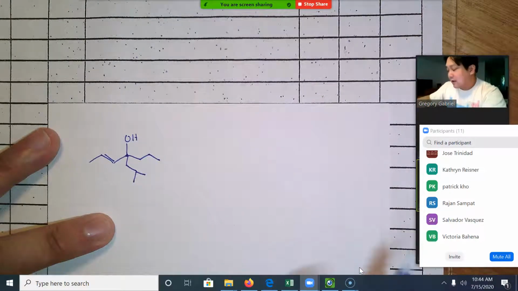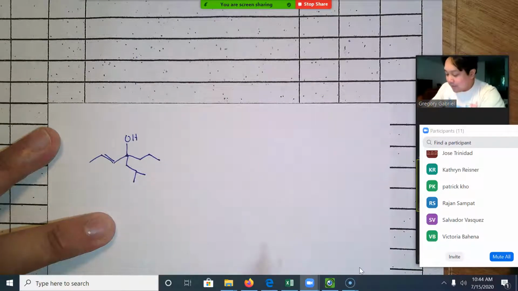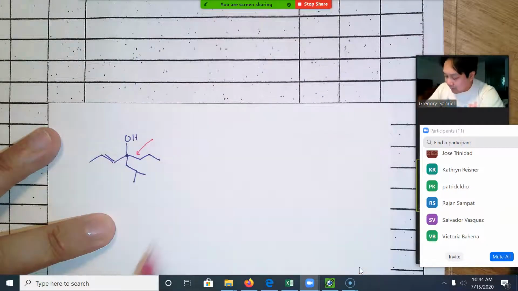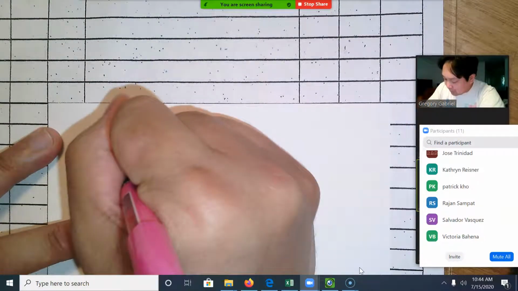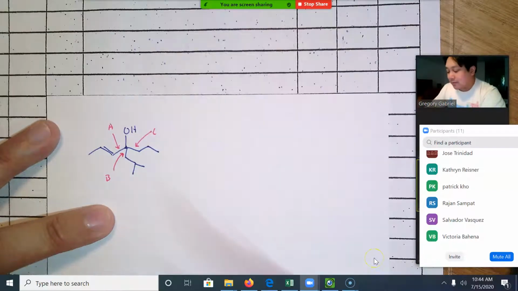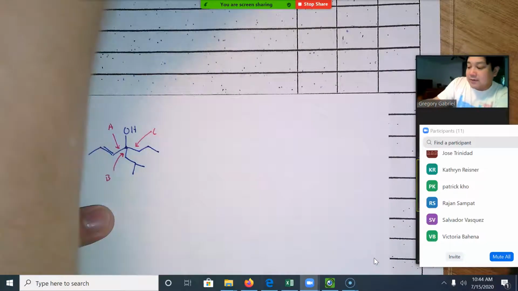Because again, for an epoxide, you're not attacking this carbon that's connected to the hydroxyl group. But let me work on this bond right here. Actually, let me list all of them. A, B, C. Let me work on bond C. Good that I have these note cards.